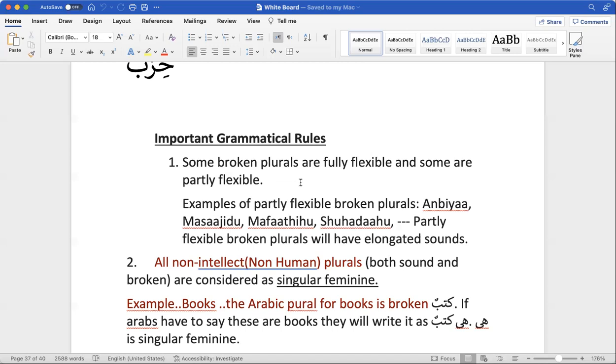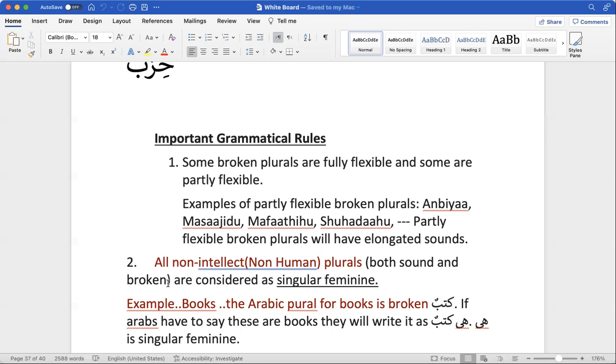So there are broken plurals which are fully flexible, and certain broken plurals which are partly flexible. They will have majroor status, but the ending sound will not be a kasra, it will end with fatha only, though it may be in majroor status. That is one grammatical rule.